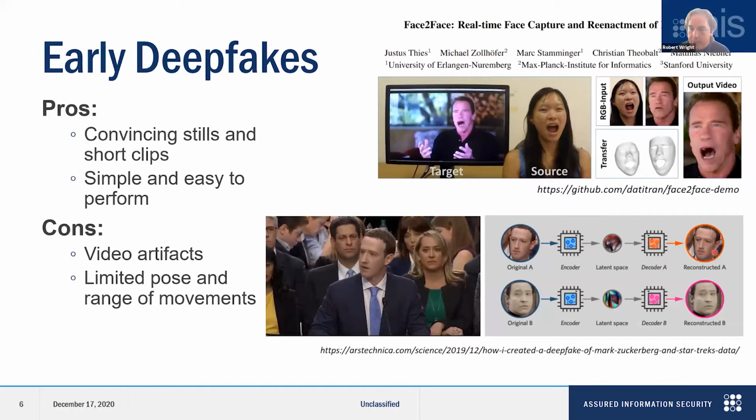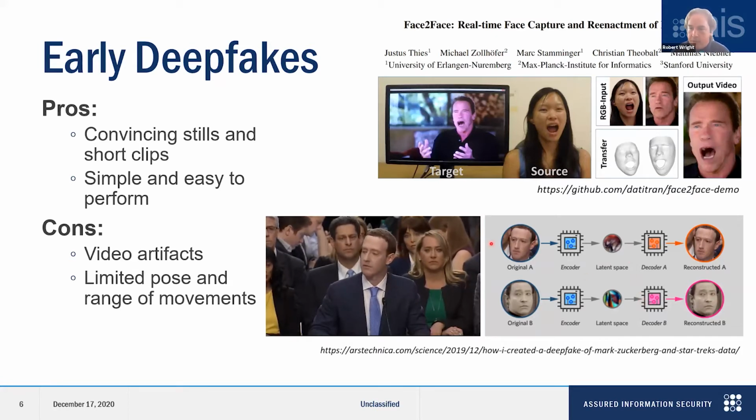And to achieve this swapping, they use 3 deep neural networks. One encoder that can encode images from both the source and target and project them into this shared latent space, and then 2 decoders that learn how to do the translation from this shared latent space.